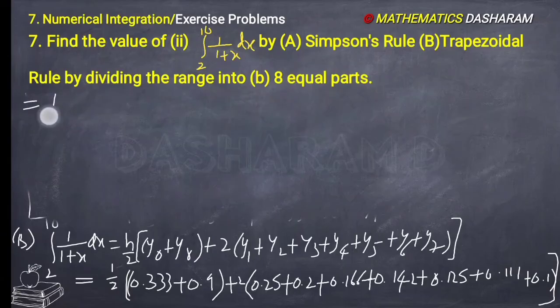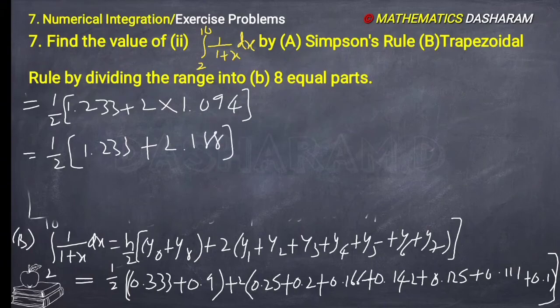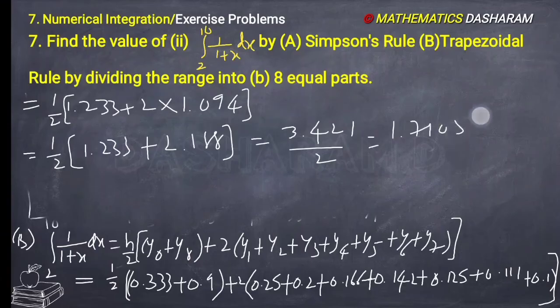It is equal to 1 by 2 bracket of 0.333 plus 0.9 is 1.233 plus 2 into the addition of all these decimal numbers, which is 1.094. So it is equal to 1 by 2 bracket of 1.233 plus 2 into 1.094 is 2.188. So it is equal to 3.421 divided by 2. So 1.7105 is our required answer.